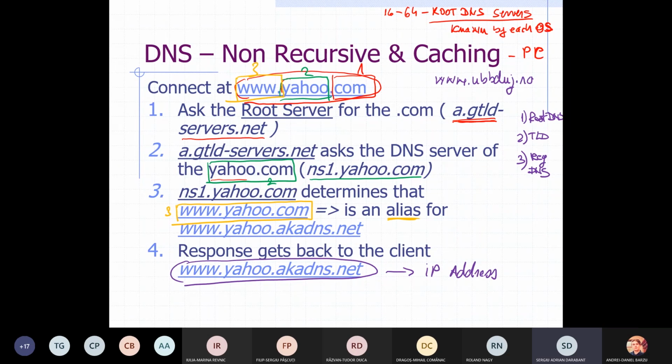So you'll have at least 3 queries to do. One to the root DNS, the second one to learn about the domain name from the TLD, and then one to the domain itself to get information about www.yahoo.com or about www.ubbcluj.ro. So there are at least 3 queries.